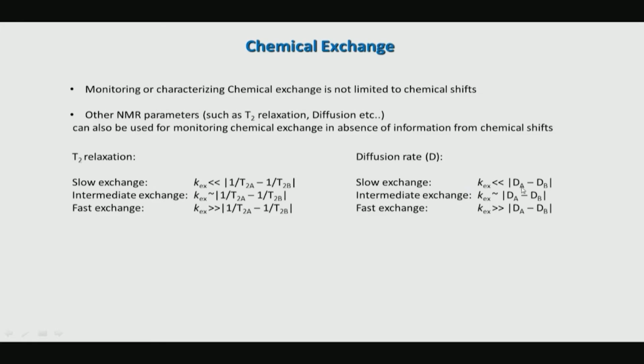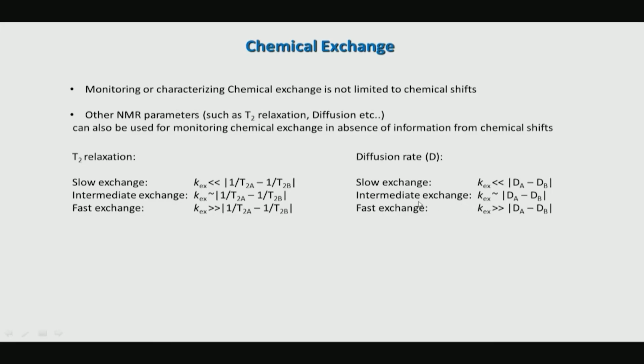For example, this can happen if you are trying to study the exchange between a monomer and a dimer of a molecule. If there is an exchange between these two states, monomer and dimer, then we can characterize that by an exchange rate, and whether it is slow or fast will depend on the difference in the diffusion between the two.